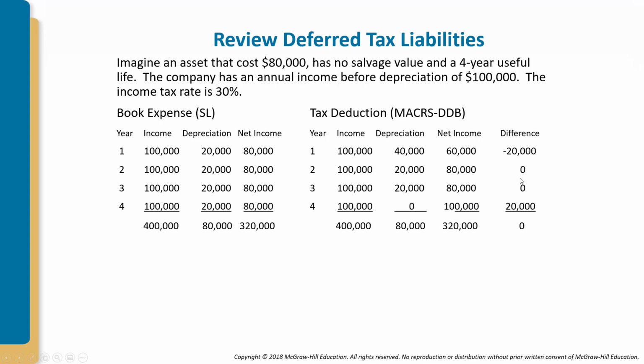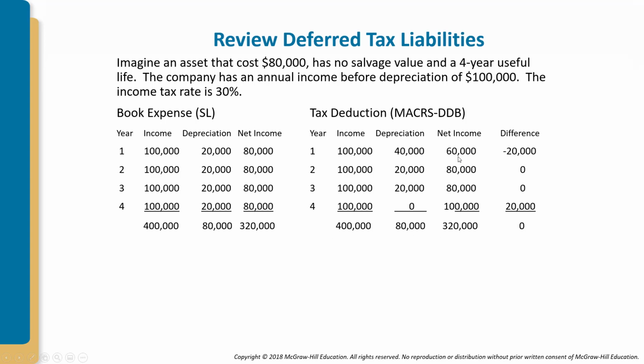So since this is going to turn itself around, our net income that we're going to pay tax on over 4 years is the same as our net income that we're going to recognize for books, then you might think of this in terms of, okay, we have $80,000 in net income in the first year from a GAAP standpoint, but we're only paying on $60,000 worth of that income. But we know it's going to be the same in the end.